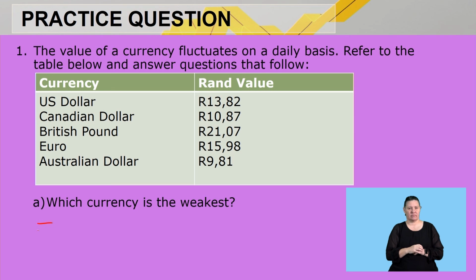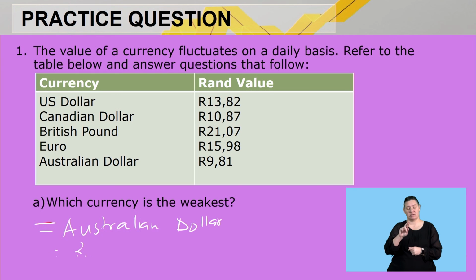So the weakest currency we have there is our Australian dollar with a value of 9.81 rand.